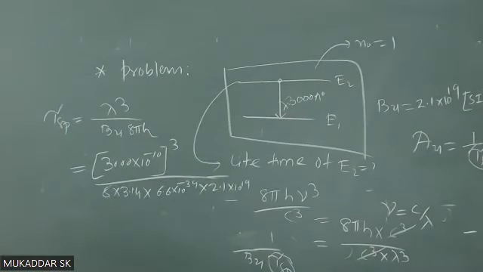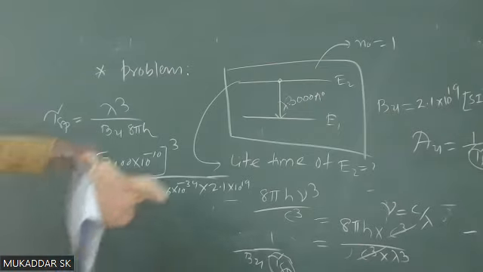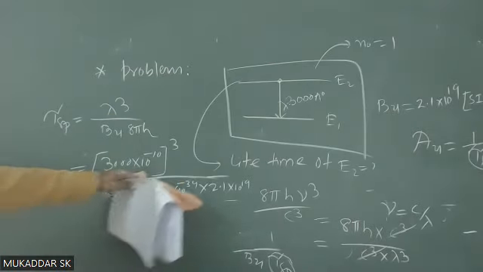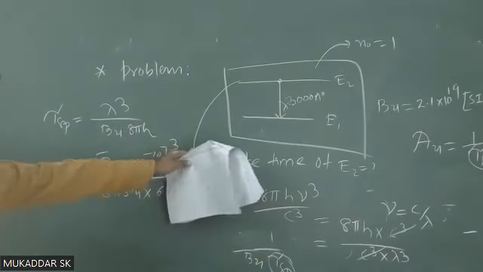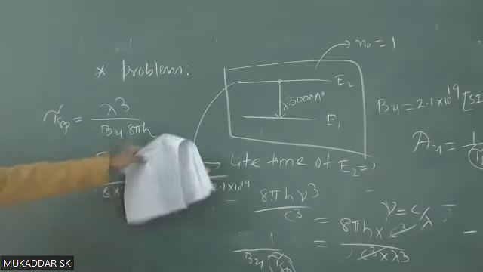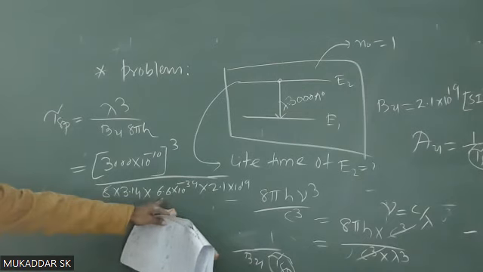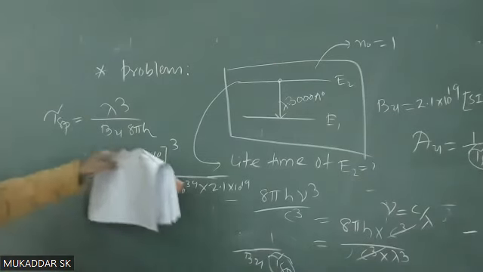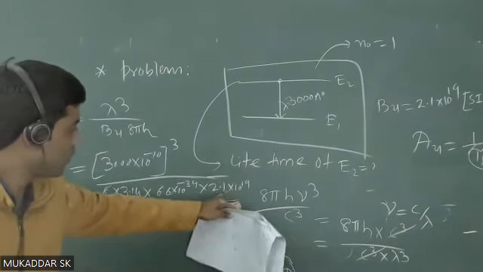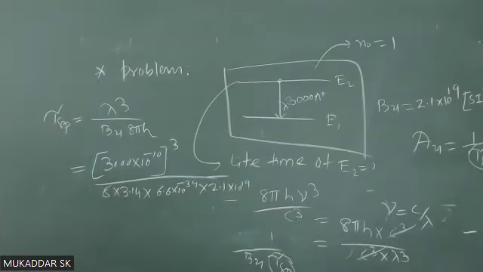So 3000 into 10 to the power minus 10, because this is in Angstrom, so obviously you have to multiply by 10 to the power minus 10. You have a cube. Then 8 into 3.14, h is 6.6 into 10 to the power minus 34, and B21 is given, that is 2.1 into 10 to the power 19.